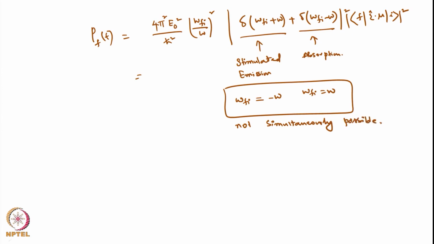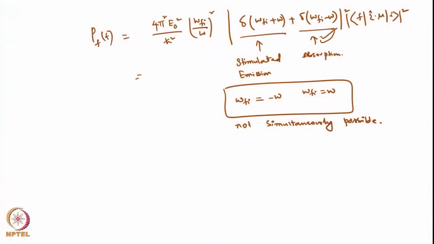That means stimulated emission and absorption cannot happen simultaneously. They have to happen one after the other. So since they cannot happen simultaneously, you cannot have both the conditions. You can have only one condition, and if you are dealing with absorption, then this condition will happen, and when you are dealing with stimulated emission, this condition will be valid.